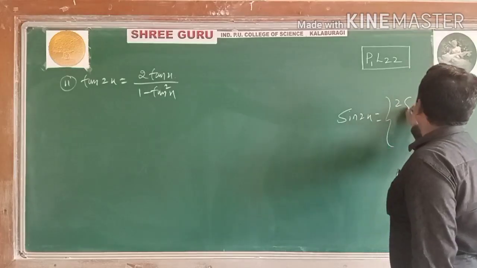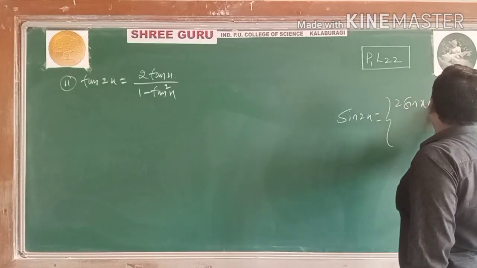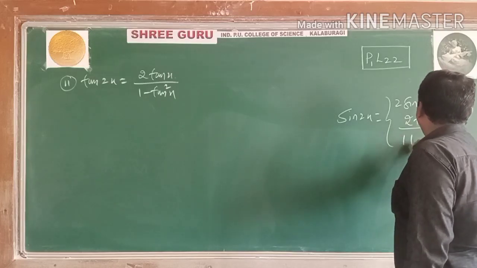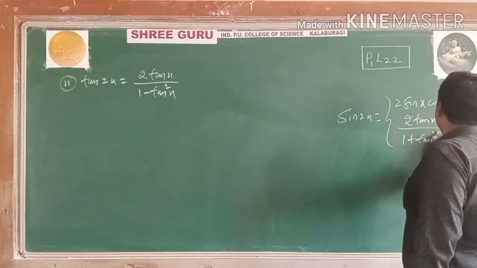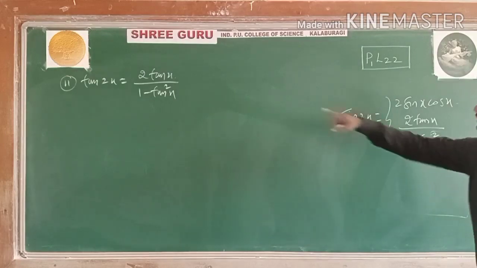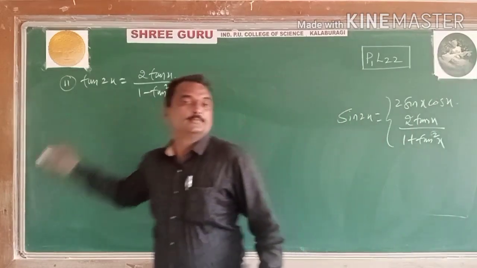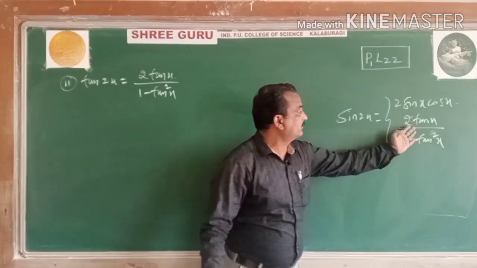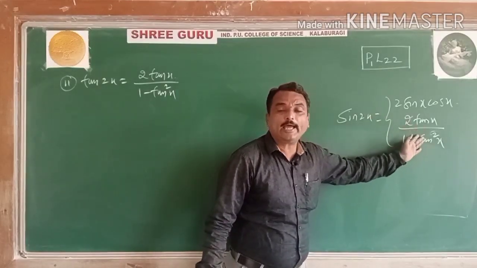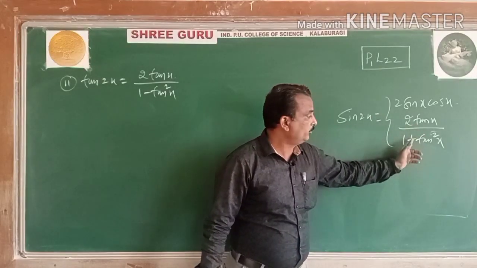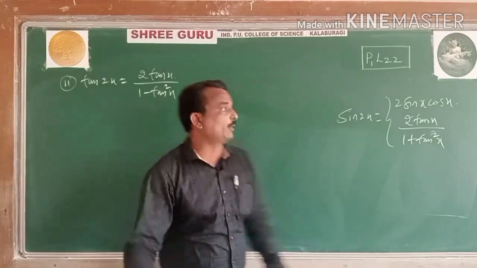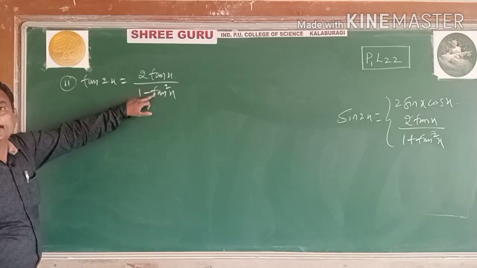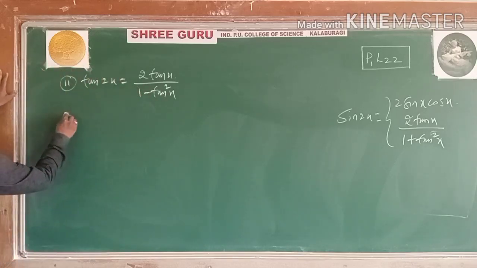Here I will write sin 2x as 2 sin x into cos x, in terms of tan, 2 tan x divided by 1 plus tan square x. This is plus, this is minus. This is sin 2x in terms of tan, positive in the denominator, but for tan 2x it is negative in the denominator. The formula is 2 tan x divided by 1 minus tan square x. No confusion, students.